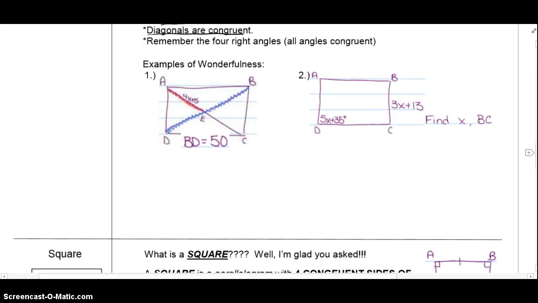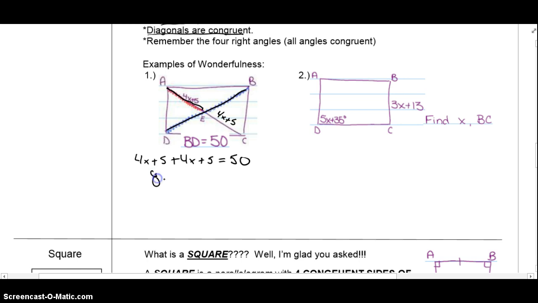Now let's take a look at some of our examples here. This first one here, what it's saying is this. From here to here is 4x plus 5, which also means that this one, again, is 4x plus 5 because the diagonals are congruent. Well, if this one here is 50, then what I can conclude is that 4x plus 5 plus 4x plus 5 equals 50.